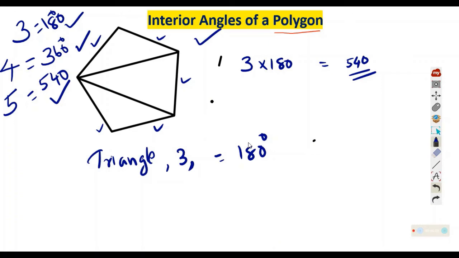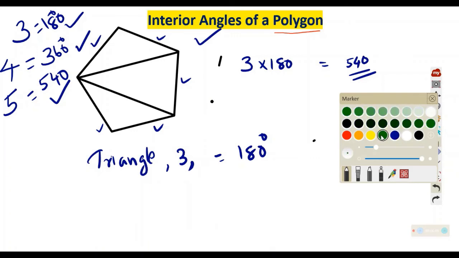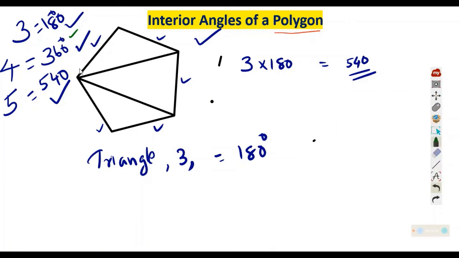The difference is 180 degrees each. Correct? The difference is 180 degrees each. That means next we got 360, next we got 540. Next again, if we add 180 to this, it will be 720.